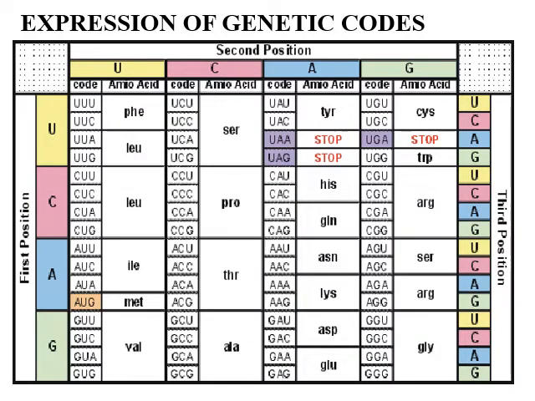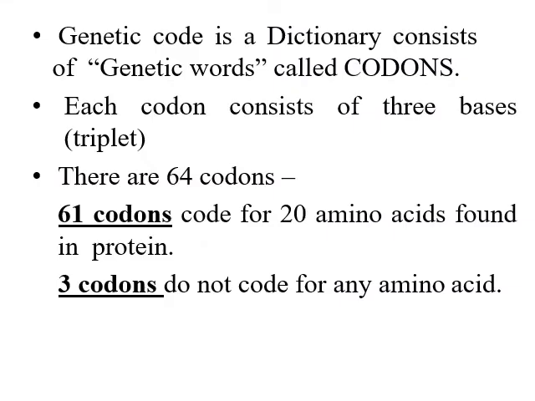So there are possible combinations of codons and their expression of the genetic information to synthesize a particular amino acid. So students, it is clear: each codon consists of 3 bases. This is called a triplet. So there are 64 available codons.